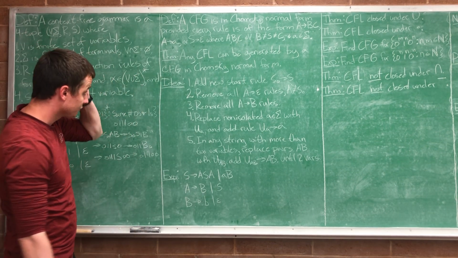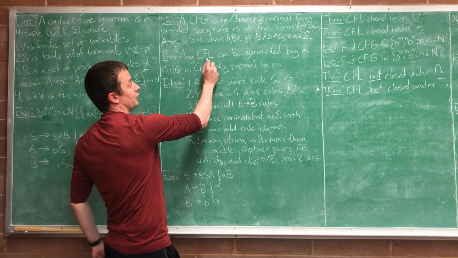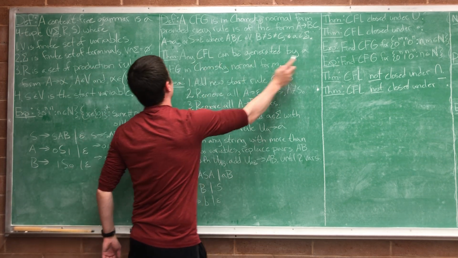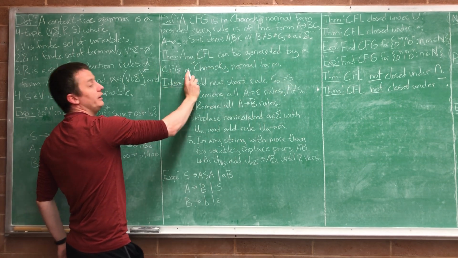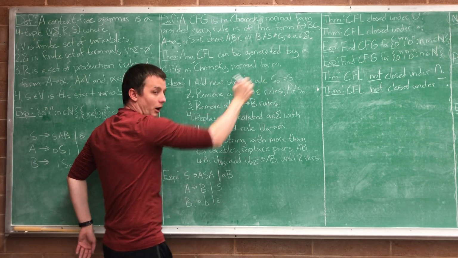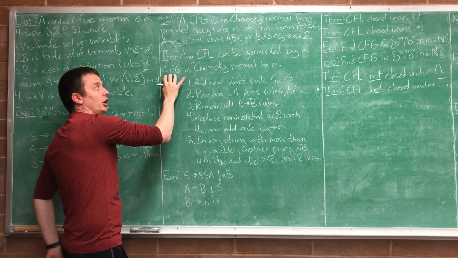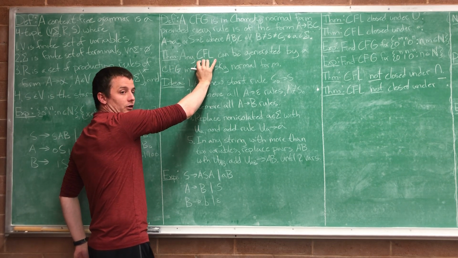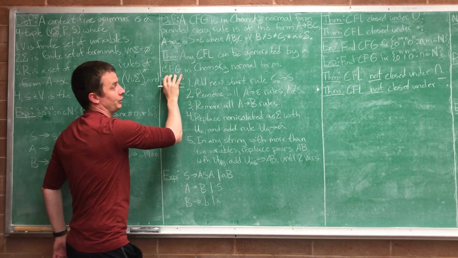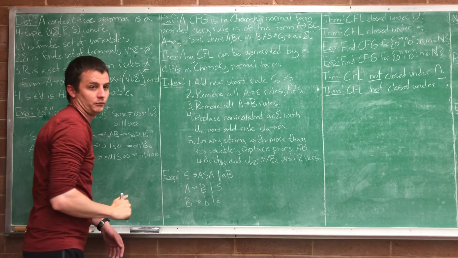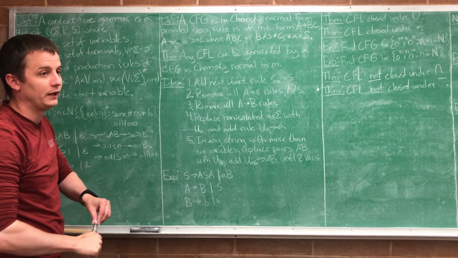So, we're going to show that any context-free language can be generated by a context-free grammar in Chomsky normal form. We already know for free, by definition of it being a context-free language, that there exists some context-free grammar that generates it. Furthermore, we're going to show there exists a context-free grammar that's in Chomsky normal form. How does the proof idea work?